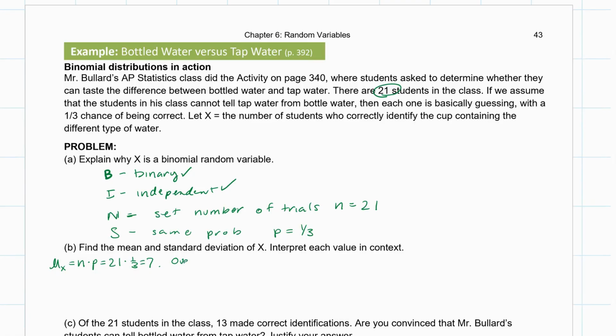Well, over many groups of 21 students, there is an average of 7 correct guesses.